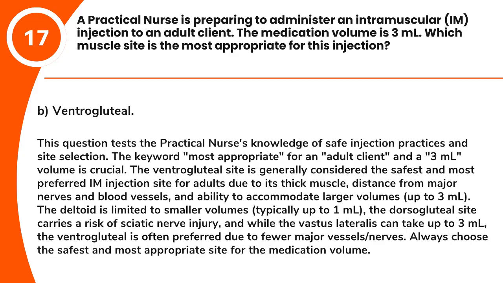The deltoid is limited to smaller volumes, typically up to 1 milliliter. The dorsogluteal site carries a risk of sciatic nerve injury, and while the vastus lateralis can take up to 3 milliliters, the ventrogluteal is often preferred due to fewer major vessels and nerves. Always choose the safest and most appropriate site for the medication volume.